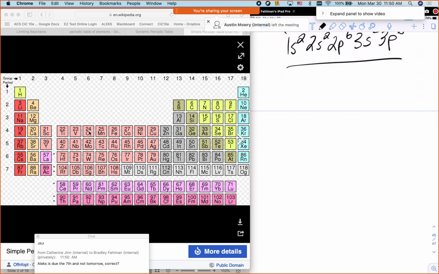Would it be added to the s? Yeah, so for chromium, you're talking about the transition metals here. We'll talk about that tomorrow. It turns out for this group that you're actually going to lose the s electrons first, and then you will take away from the d electrons. And so we'll talk about that tomorrow. Okay, thank you.